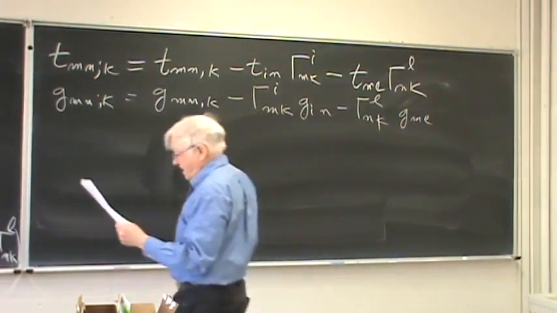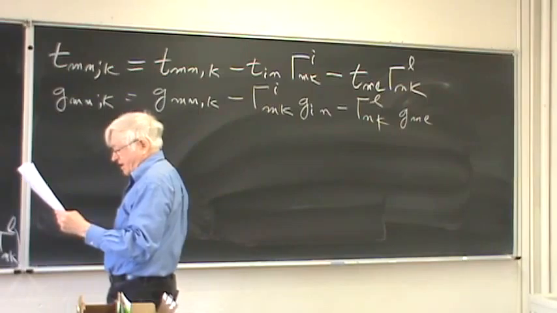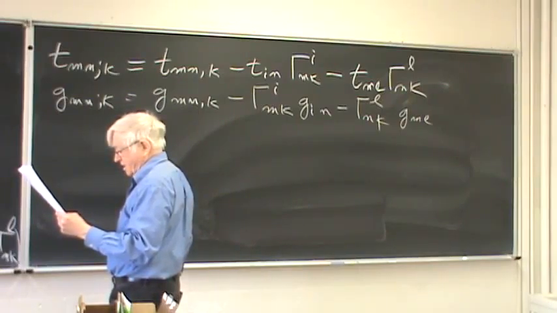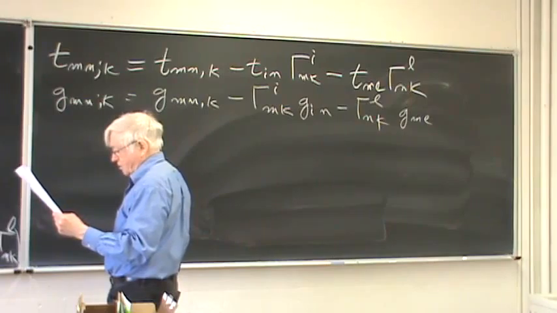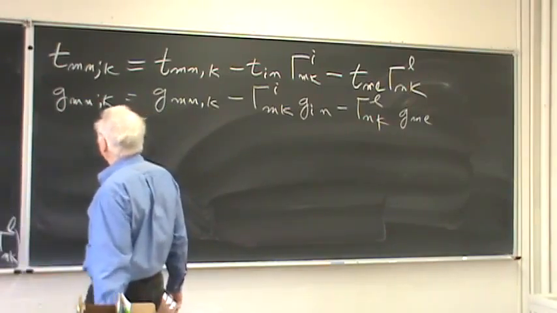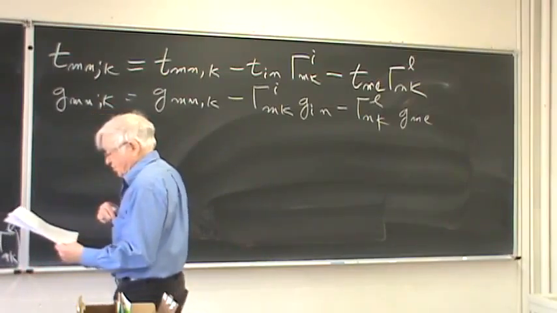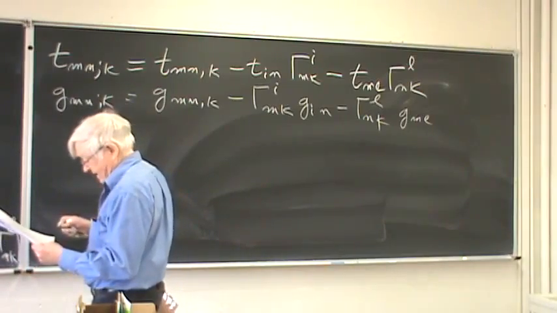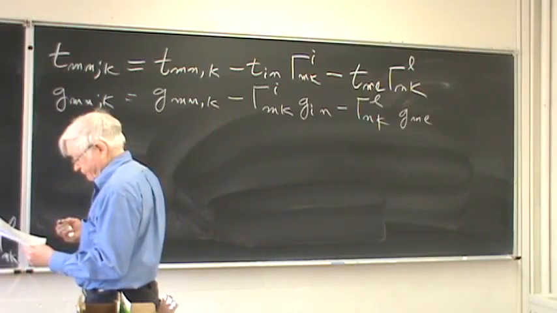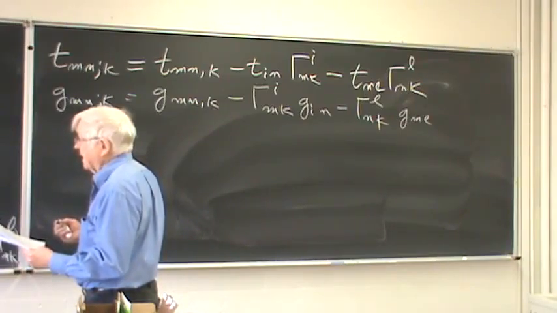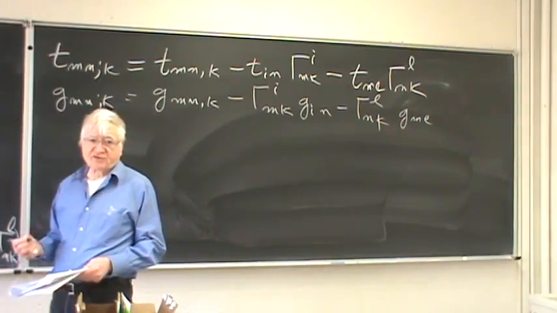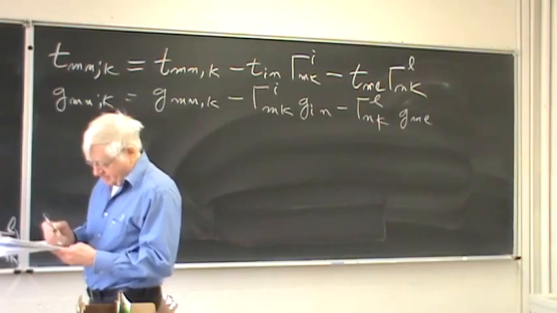And for some reason in my notes, I changed from MK to IL. There are so many indices, I'll just follow my notes rather than try to do it on the fly.